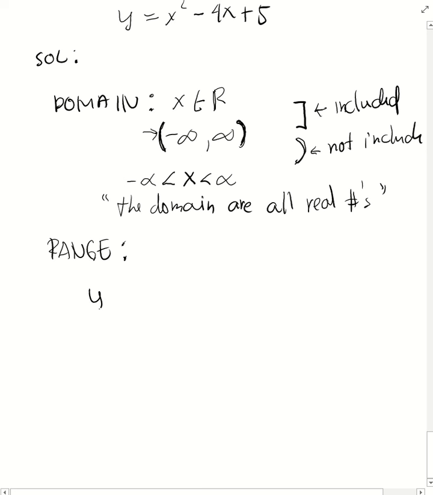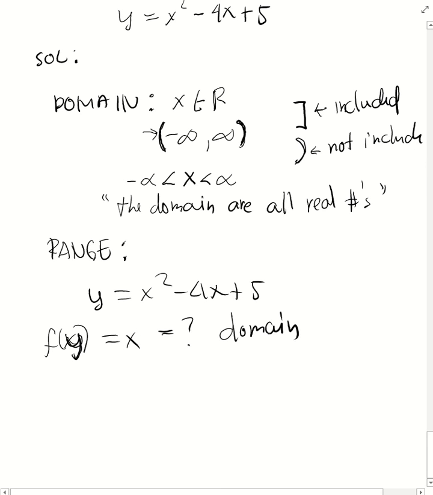So y equals x squared minus 4x plus 5. We need to make x be on the left side. So we will be actually solving for x as a function of y. If we can determine this, then the domain of this will be our range in the actual problem.